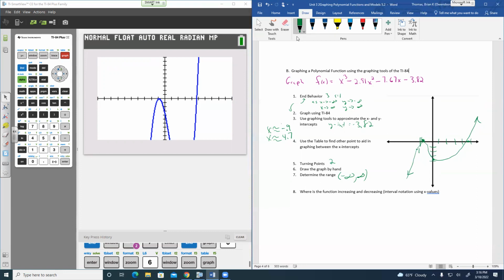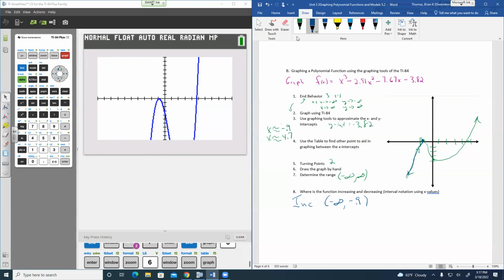So where it's increasing is where the graph is going up. So from left to right, we see from here to here, the graph is going up. So it looks like it's going to be increasing from -infinity to about -0.9. But also notice how somewhere around here, it's turning.